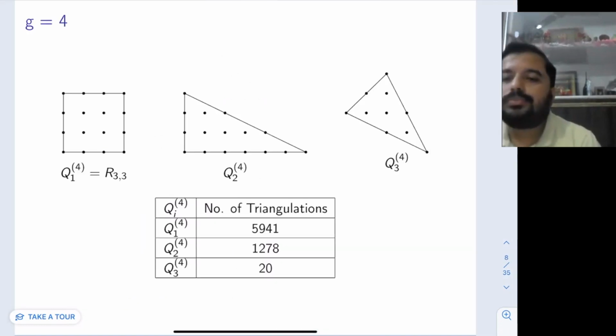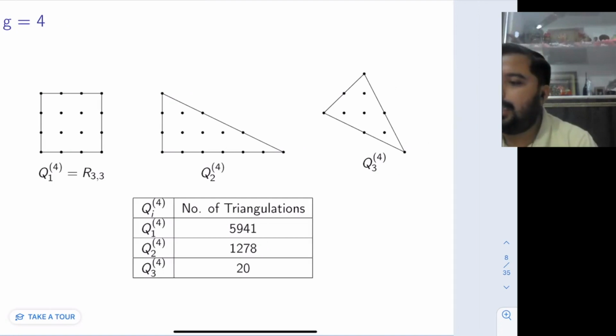Likewise, as you move to genus 4, you can't work with only one polygon. So you have these 3 that you need to consider. And just to give you an idea of the complexity of the computation, I've put in the numbers for you. It's still not bad in terms of computation. Around 6,000 is the maximum number of unimodular triangulations that you're dealing with in this case.